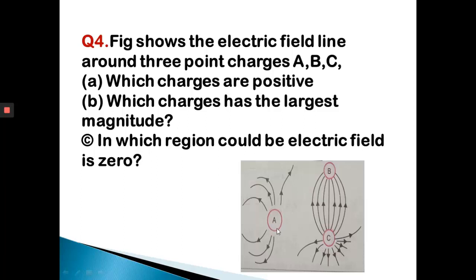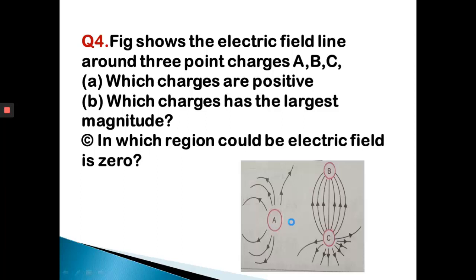So electric field 0 region is possible only between A and C. To be more specific, A has less density of electric field lines and C has more density of electric field lines. So electric field 0 region will be very much closer to A compared to C.